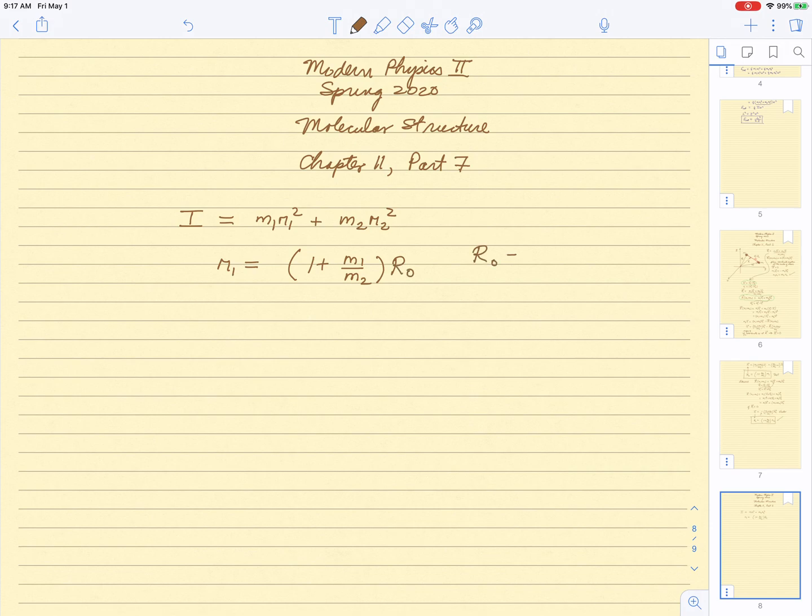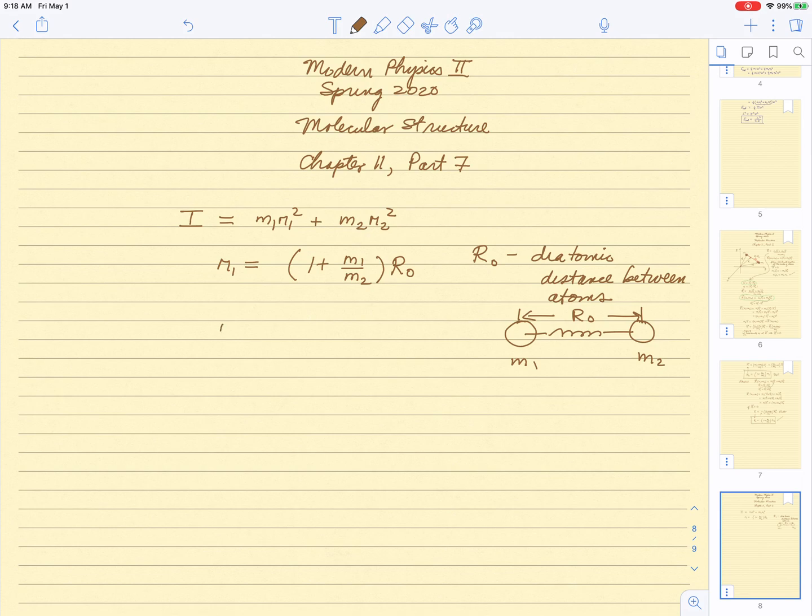Remember, R0 is the diatomic distance between molecules, atoms rather. Remember what we have here. So we have M1, M2, and your book is calling this equilibrium distance between them as R0.